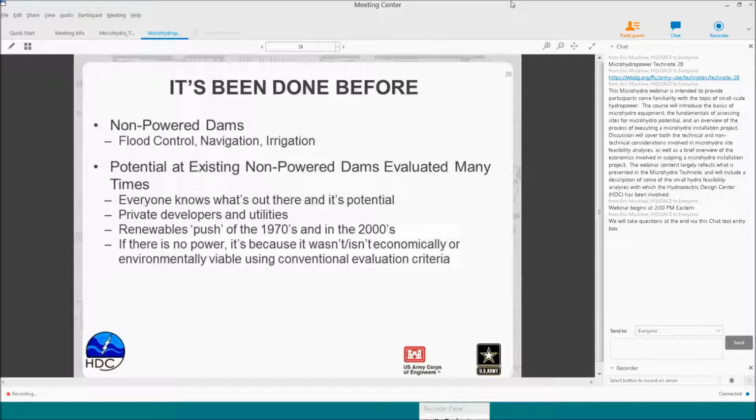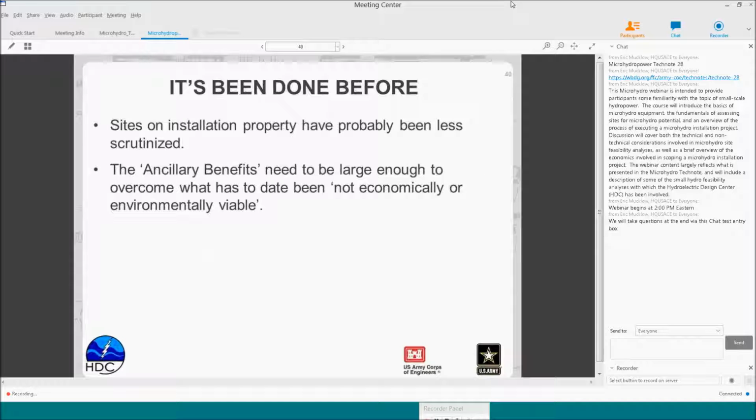For those that have or are in development or have pending FERC license applications, they may give us some insight into a site's viability for hydropower development.